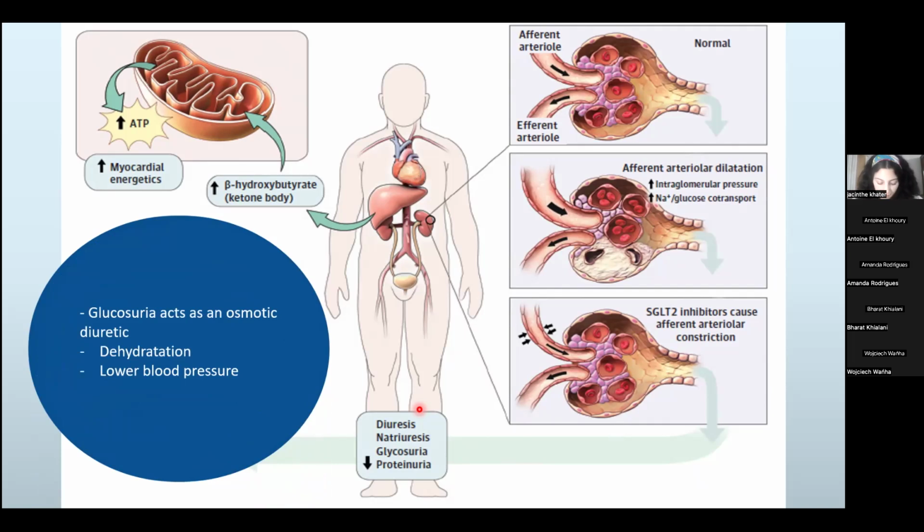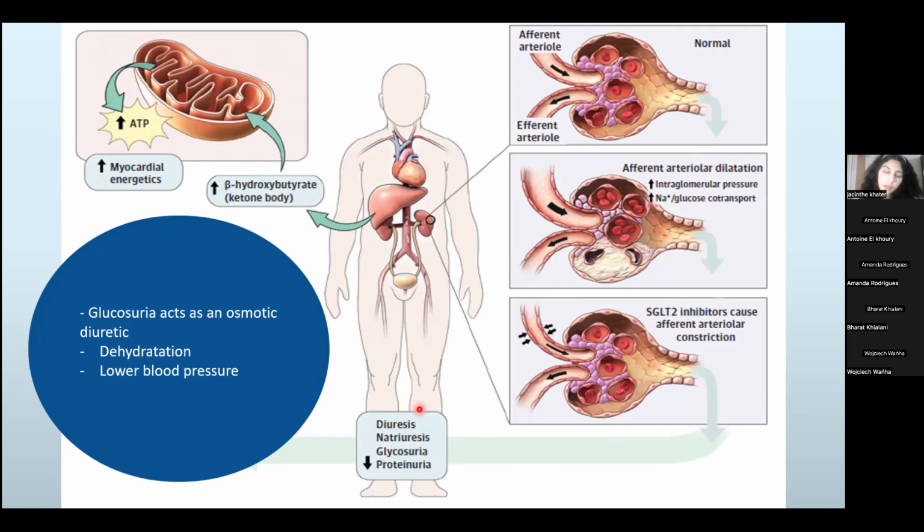Sorry to interrupt. Two points. First of all, theoretically they can lower blood pressure, but practically, you will show us when you discuss the studies whether this has a systemic effect or not as compared to placebo.